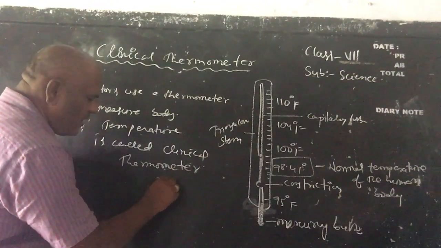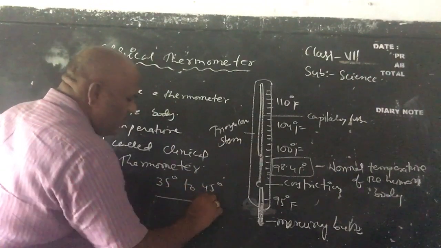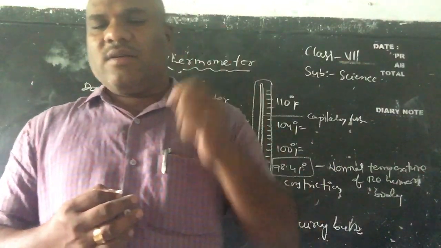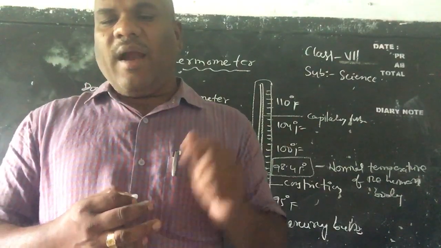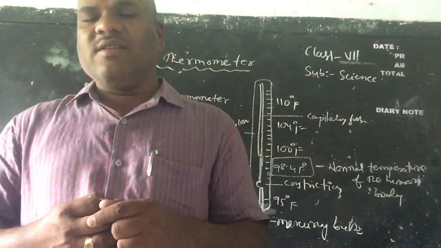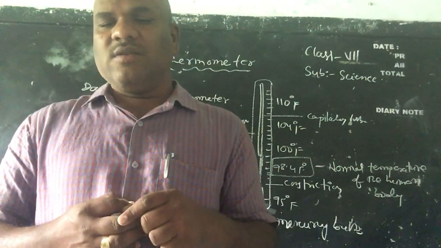This is 35 degrees to 45 degrees in the Celsius scale. And the other starts from 95 degrees and ends with 110 degrees, the Fahrenheit scale.